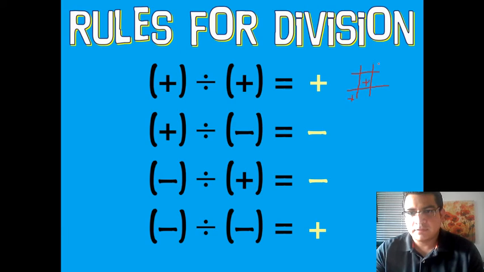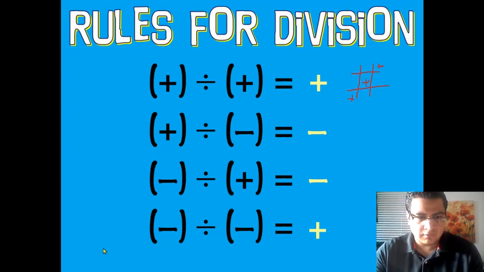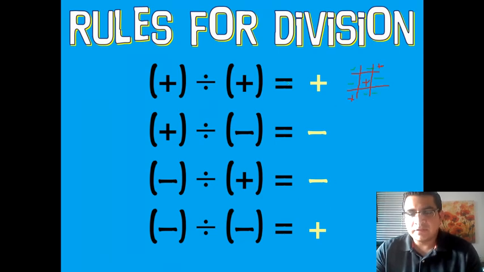It's positive. And then everything else will be negative. I can change the color here so you guys can see. So then everything else will be negative, negative, negative, negative, negative, negative. All right. Same thing applies for division and multiplication.